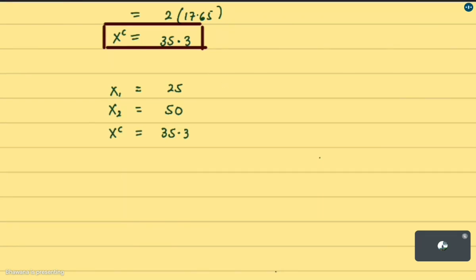The movement from x1 to x2, from 25 to 50, is considered under the price effect.